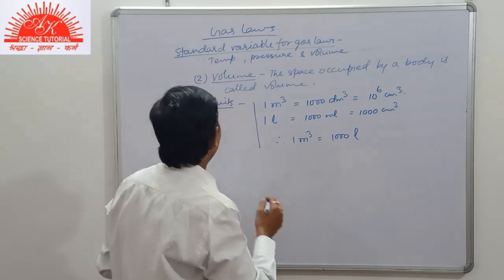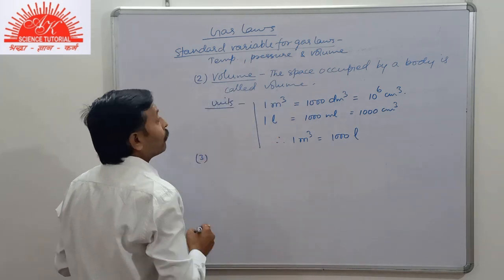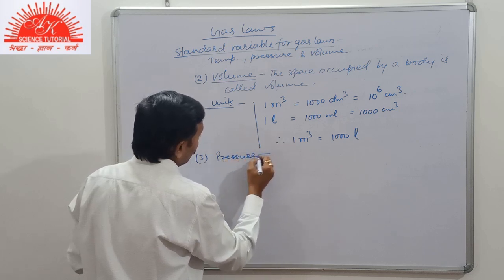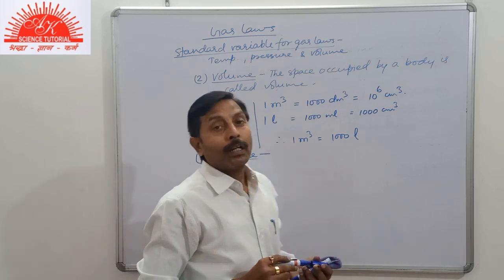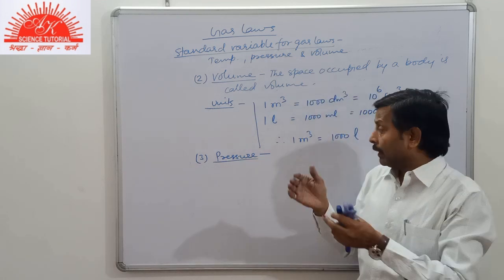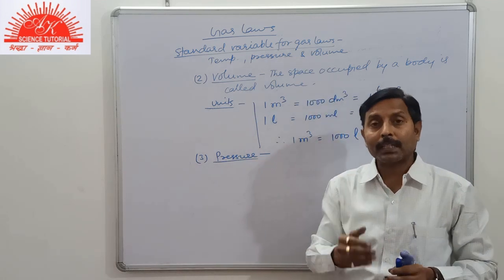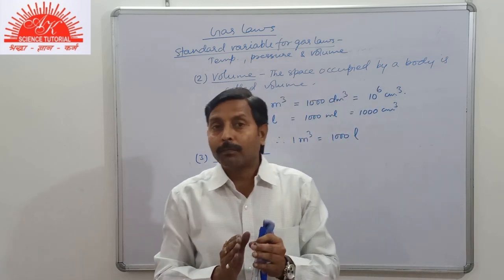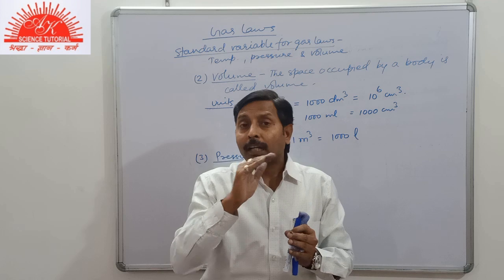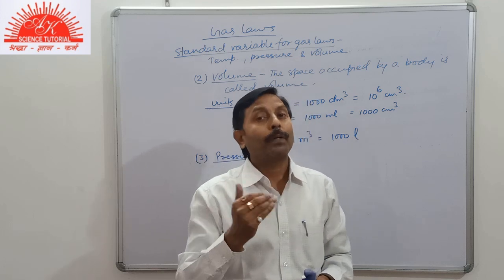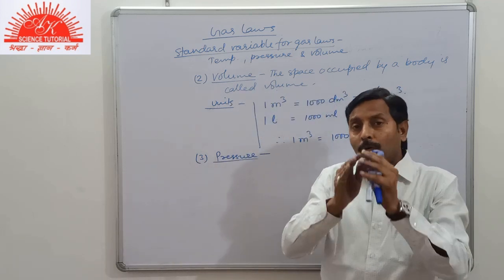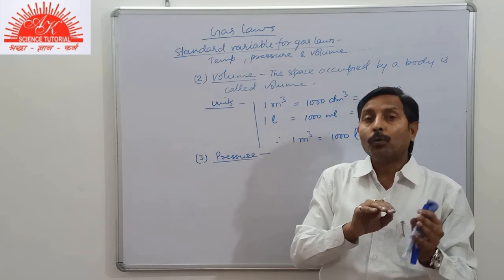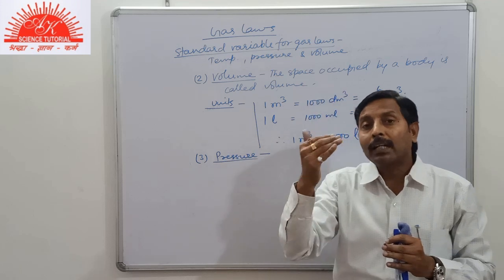Now, the third variable is pressure. As the definition of pressure is given in the physics chapter, it is the force exerted by a body on unit surface area. When a gas is kept in a container, the molecules move randomly and collide with the walls.